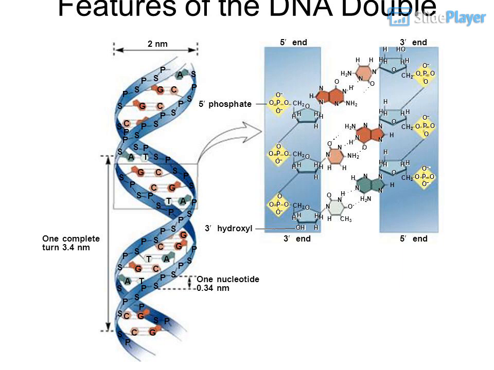2 nanometers. 1 nucleotide, 0.34 nanometers. 1 complete turn, 3.4 nanometers. 5' end, 3' end, 3' hydroxyl, 5' phosphate.